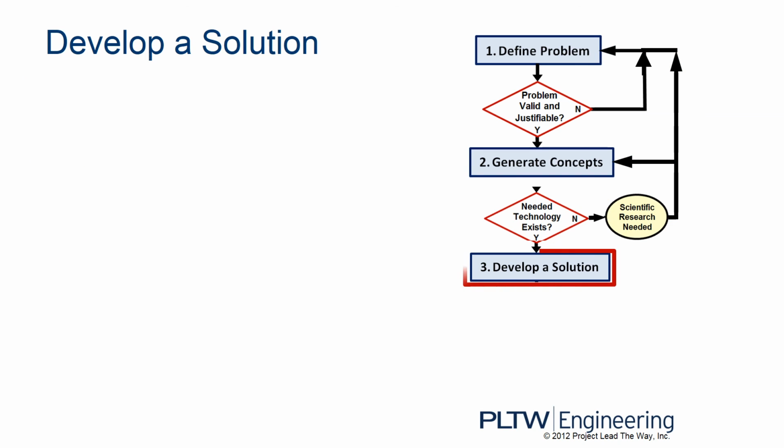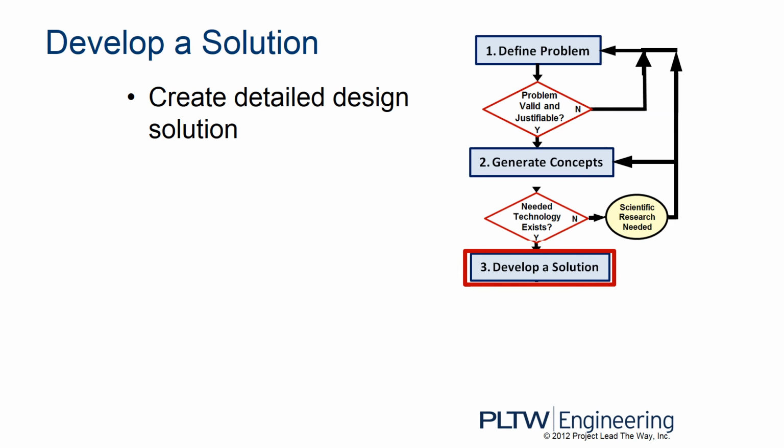The next step in the engineering design process is develop a solution. You're going to create detailed designs that complete your solution. They are going to justify the solution path. So they are going to explain everything that someone from the outside needs to know to understand your item. And then they're also going to justify the expense and the effort needed to solve the problem.